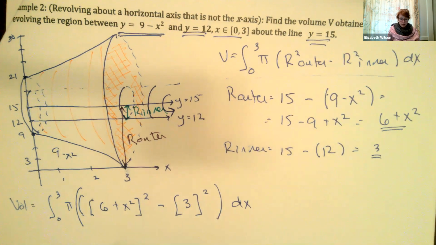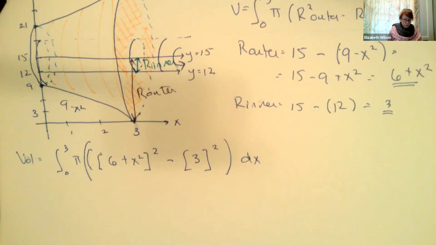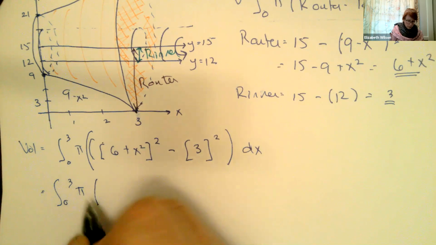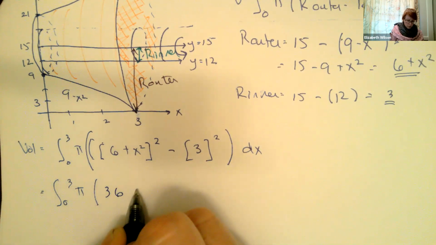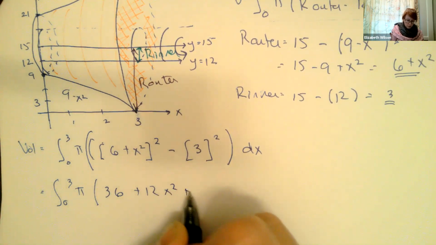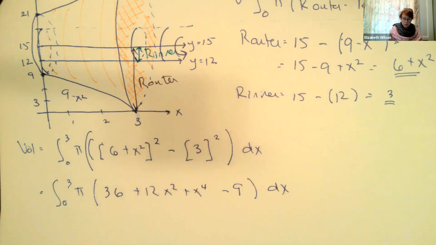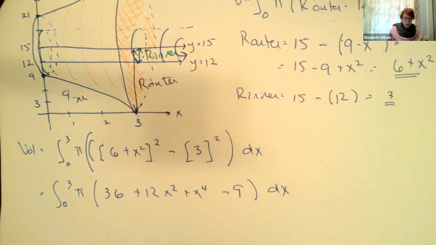I have to FOIL this out, square that, and combine all the like terms. So from 0 to 3, pi times, this is going to become 36 plus 12x squared plus x to the 4th minus 9 dx. That 9 comes from here, so we can combine the 36 and the 9.